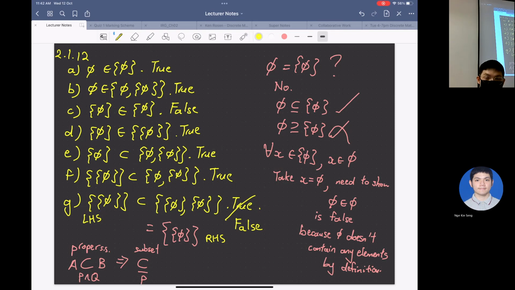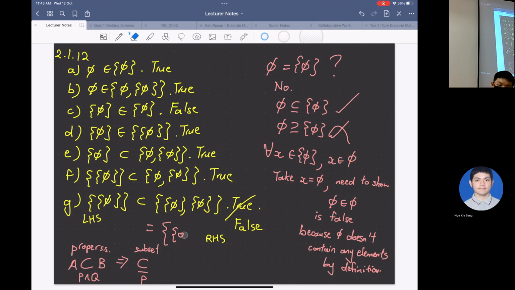So I need to have two sets of data. So you need to find something in here which is not in here.